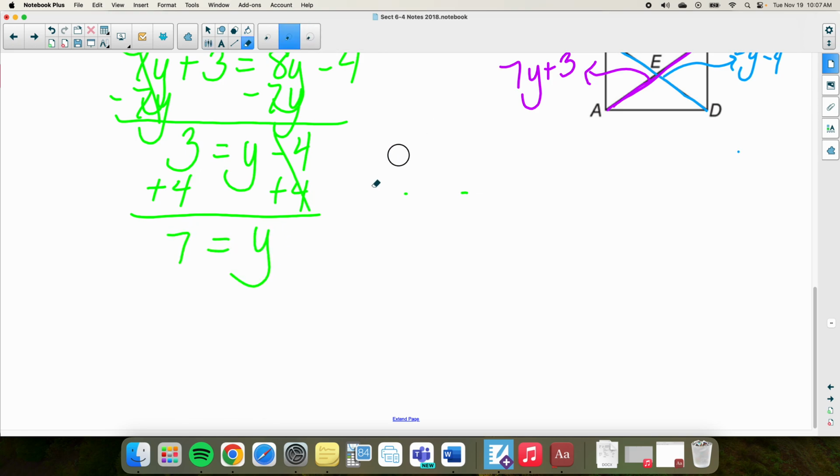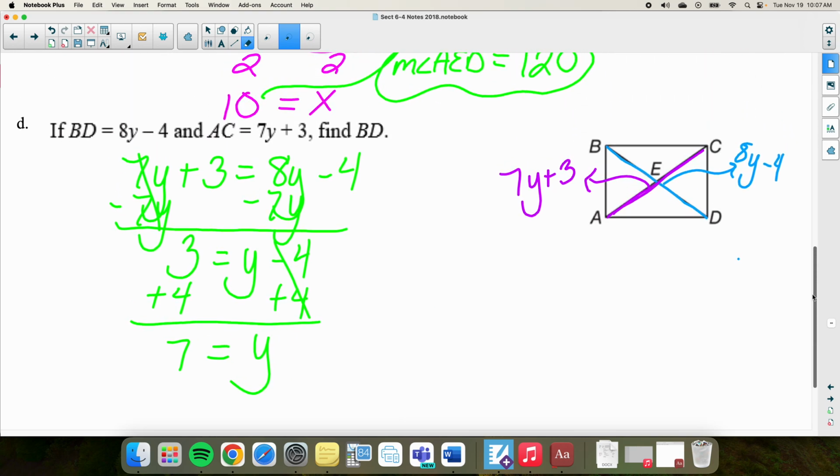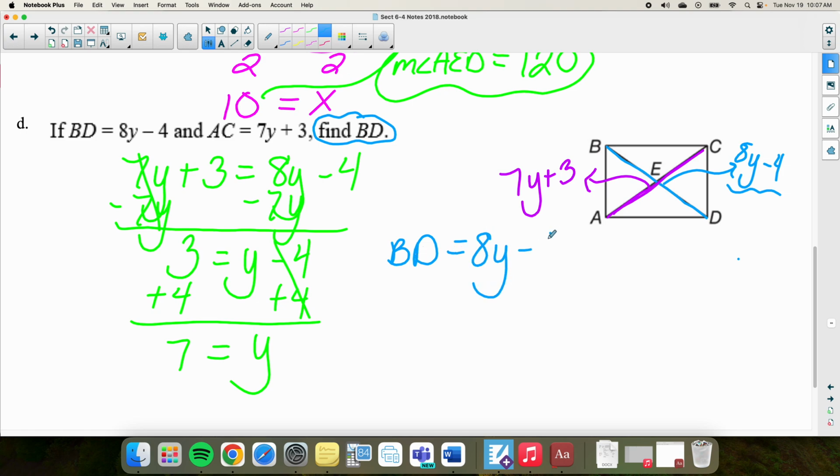Now, one thing you have to be careful of in this lesson is to look at what they want. And in this one, they want us to find BD. And BD is this blue diagonal, which is 8y minus 4. So BD is 8y minus 4, and I would take that 7 and put it in here.